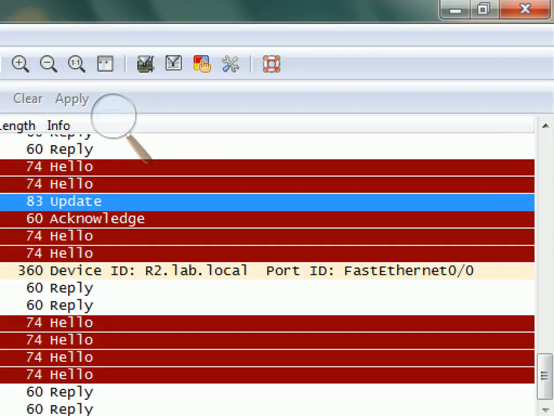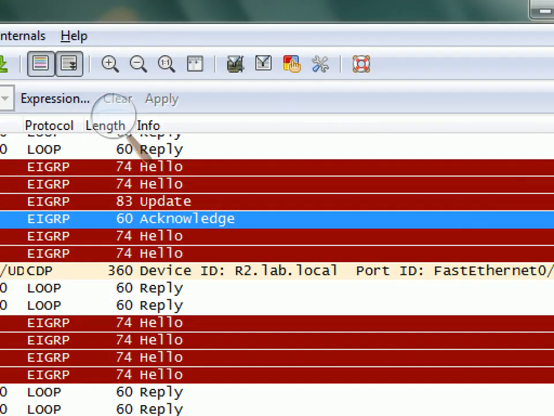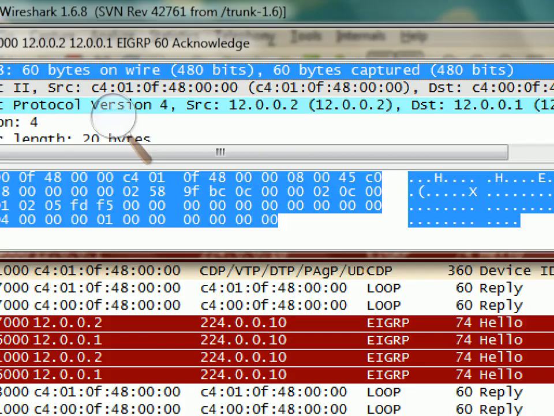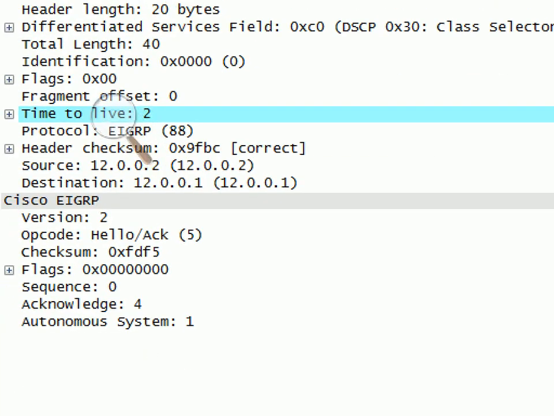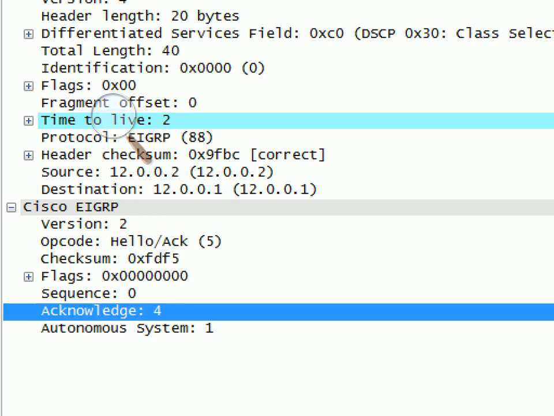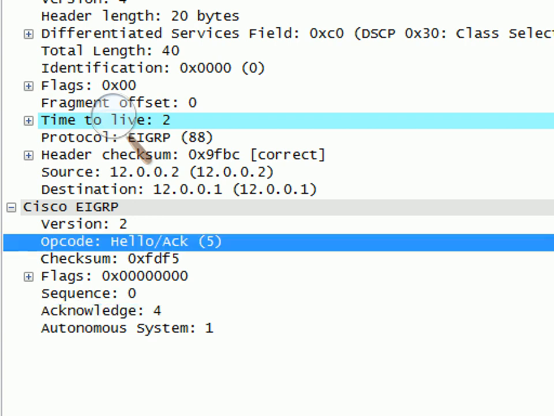This thing is clear. Now this is the acknowledgement. You can notice one thing here, acknowledgement is unicast. This is my acknowledgement. And you know, an acknowledgement packet is nothing but a similar packet, or you can say a hello packet.